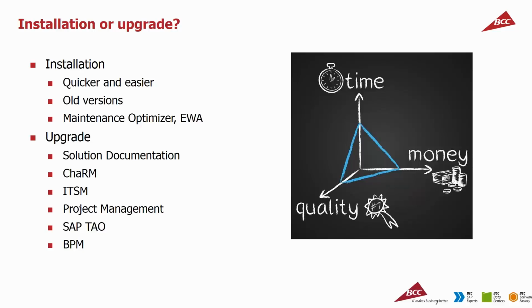So if you are using one of these applications, the best way is to upgrade directly from 7.1 to 7.2, as there is a lot of information like your documentation, all of your changes, transports, incidents, test cases, test scripts. So you can lose a lot of data if you don't upgrade this way.